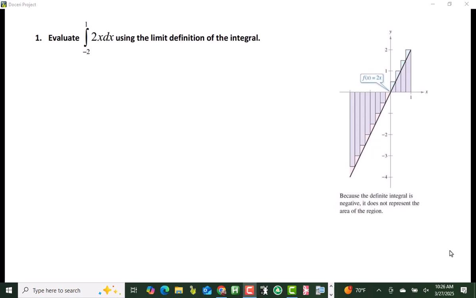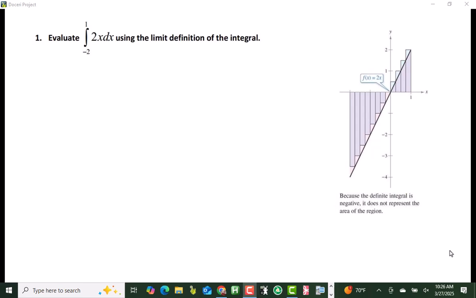All right, I'm looking at this function. F of x is 2x. So y equals 2x. And they want us to integrate that from negative 2 to 1. So that's what that drawing is representing. Using the limit definition. Now when we get to section 4.4, next week, it'll be really fast.